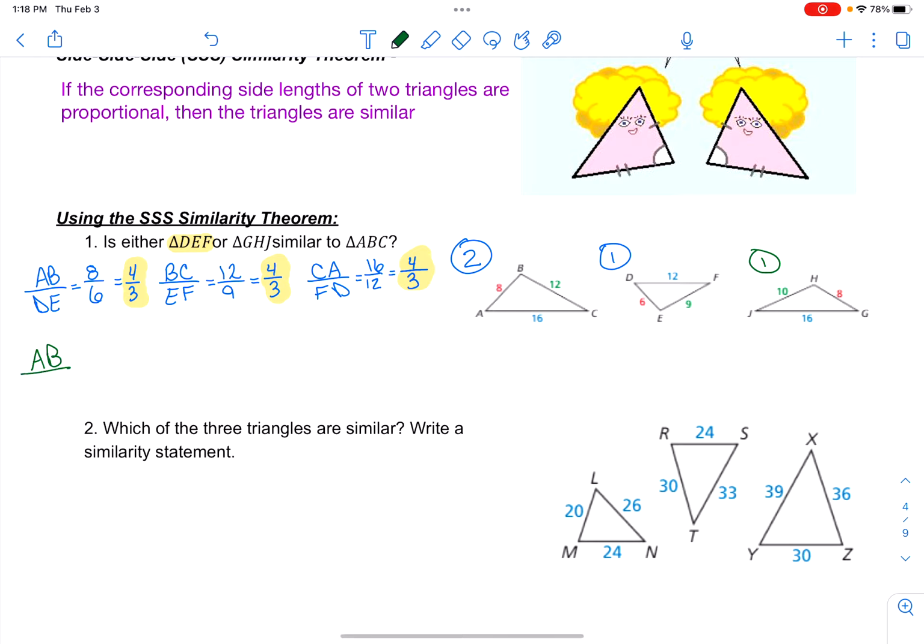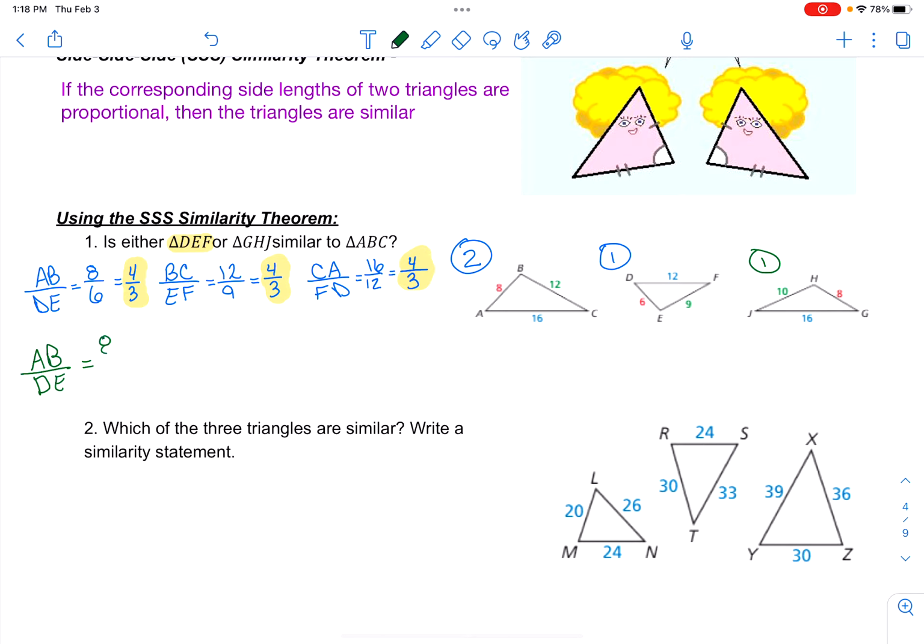So side AB goes with side DE. AB is 8. Oh, I'm sorry, not DE. We're in a different triangle. AB goes with GH. There we go. And GH is 8. When that simplifies, we just get 1.